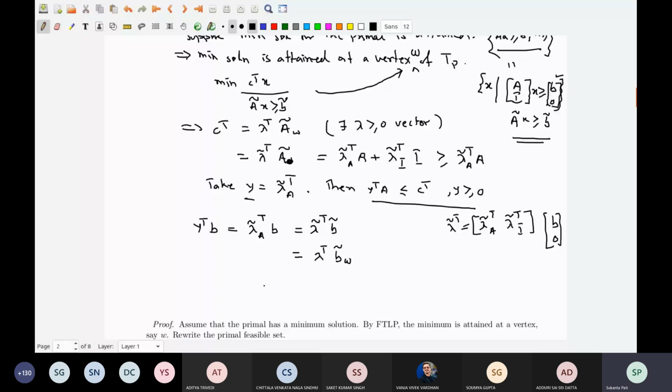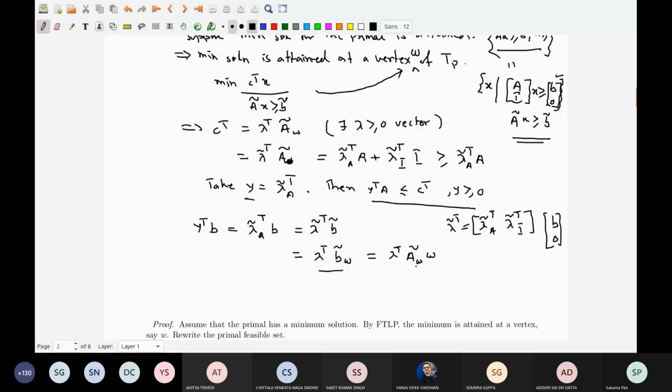You remember you extended lambda to lambda tilde by putting extra zeros at the other places. So those zeros will not contribute anything. What will remain is this much only. And what is b tilde W? b tilde W is the vector where the equality was satisfied. So this is equal to lambda transpose A tilde W multiplied by W. That was b tilde W.